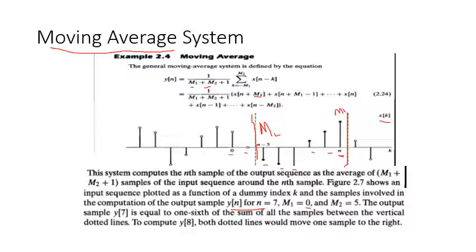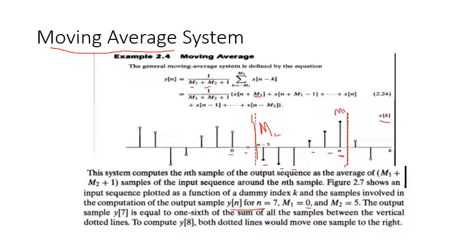So what we are going to do, the output sample y of n is equal to 1/6 of the sum of all the samples. Why 1/6? Because these are 6 values, 1, 2, 3, 4, 5, 6. So M1 is 0, M2 is 5 plus 1, 1 by 6, and then these are the samples that we will count. So this will be our x of 0, x of 1, x of 2, x of 3, x of 4, x of 5.